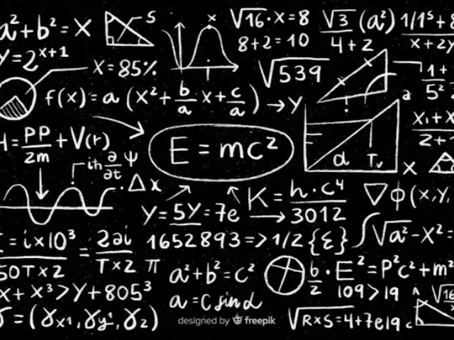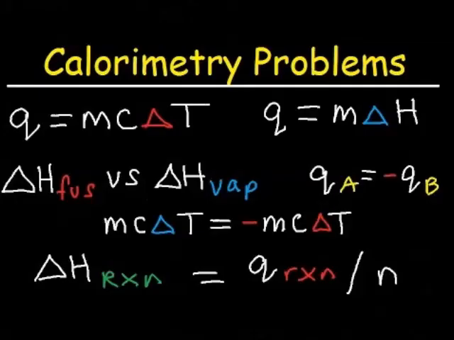And finally, the example is: if 150 grams of lead at 100 Celsius were placed in a calorimeter with 15 grams of water at 28.8 Celsius, and the resulting temperature of the mixture was 22 Celsius, what are the values of Q lead, Q water, and Q cal?